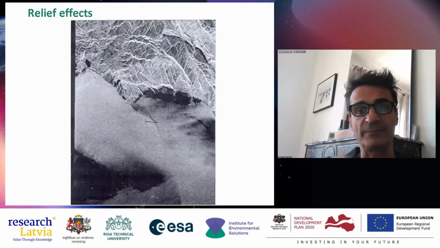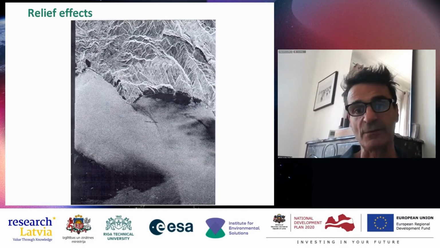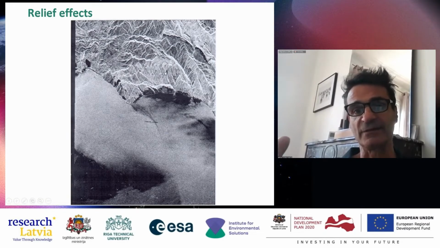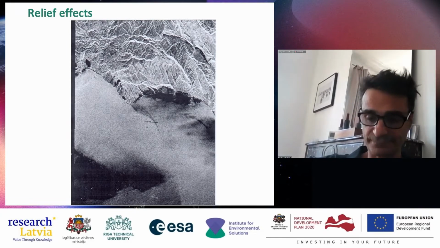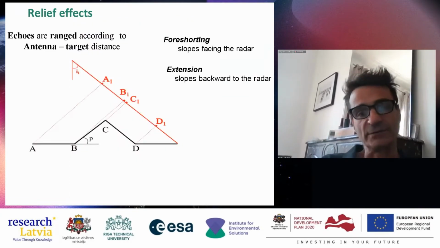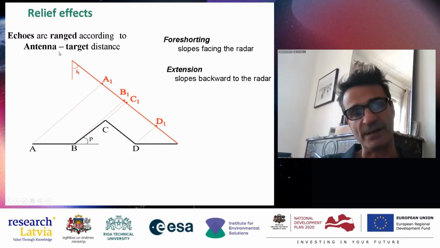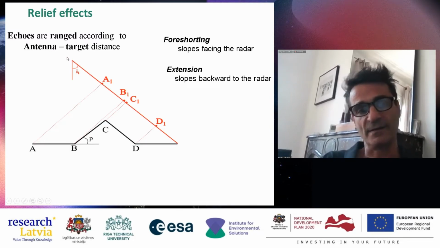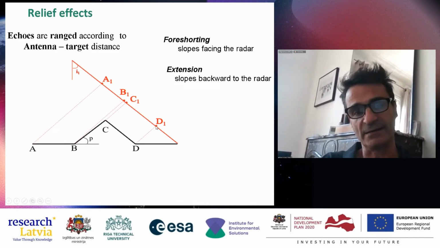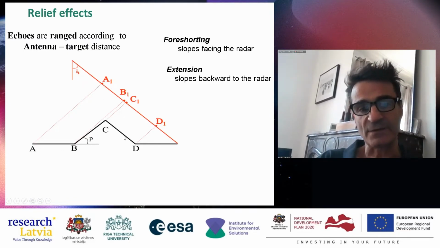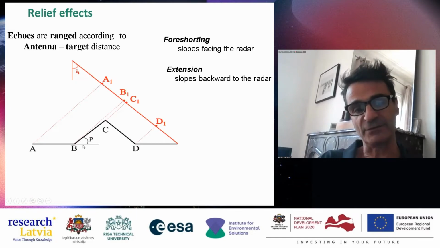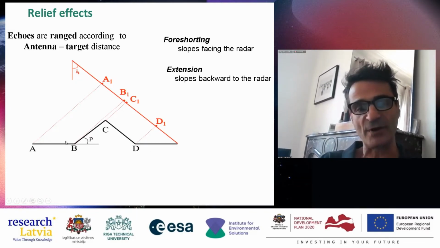For example, here you see that all the faces oriented toward the radar are really bright. Here, this is the radar natural geometry, and these segments all have the same length, but are not oriented in the same way.